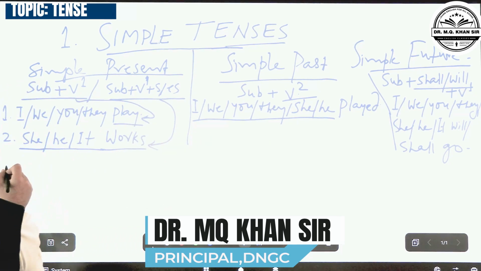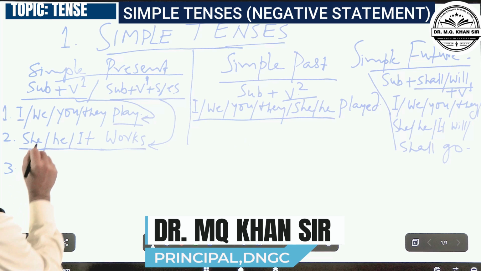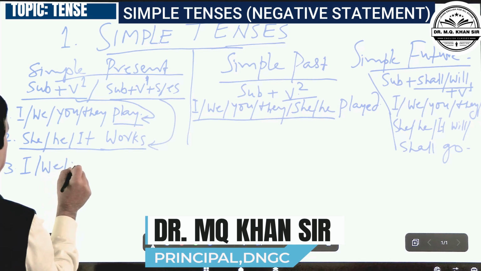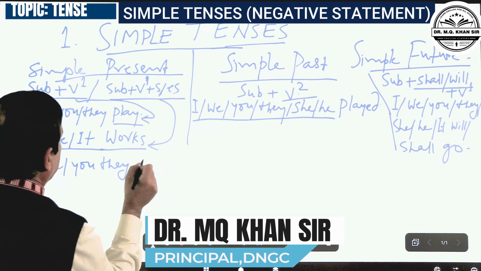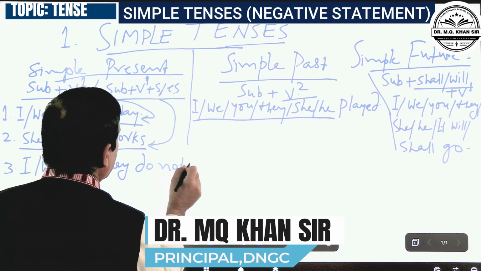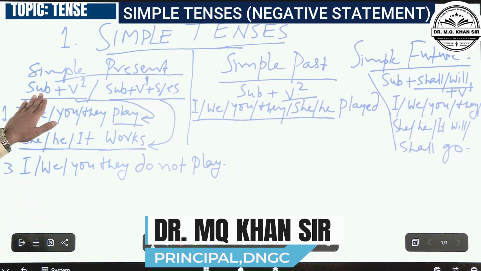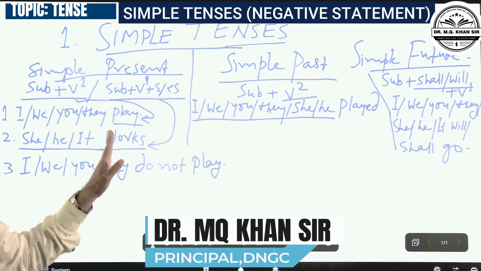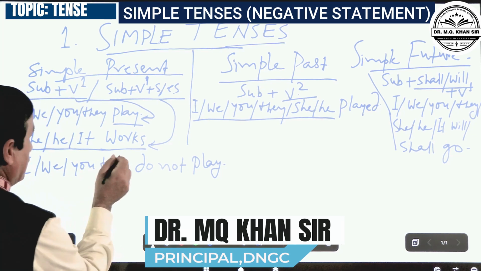So make this negative in sentence number 3. Negative statement: I, we, you, they. What will come? They do not play. Now you can see that this subject plus V1 formula will not be applicable. Now you have to apply another formula, another rule. What rule will come now here?